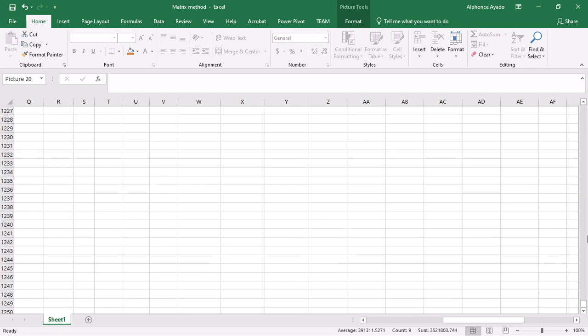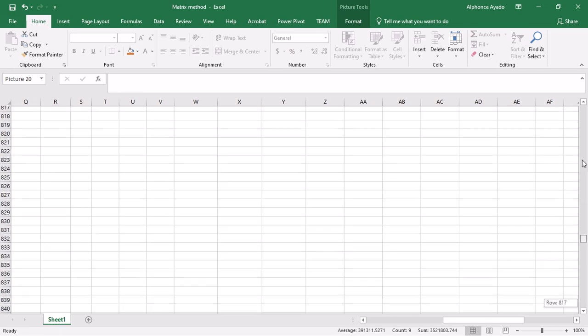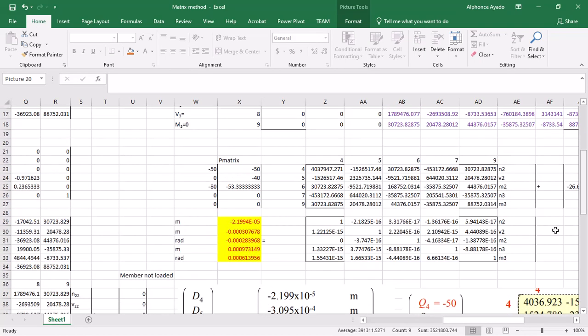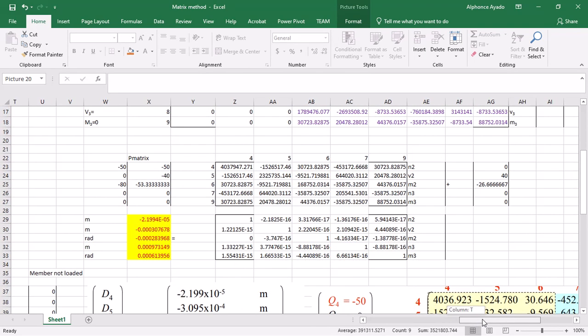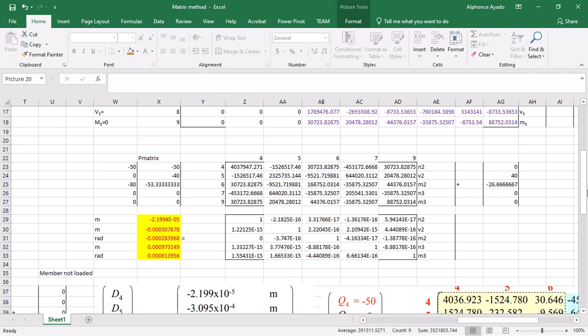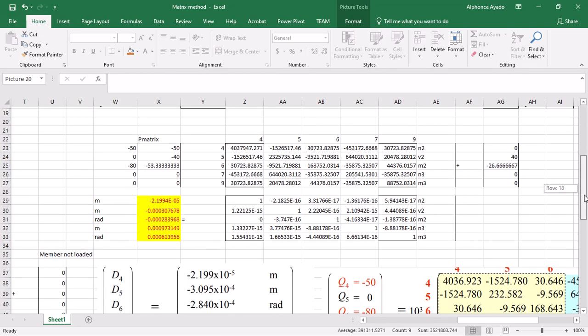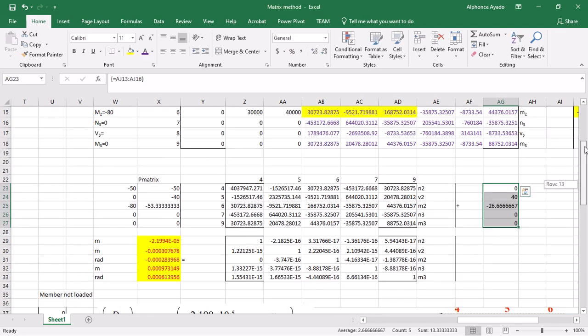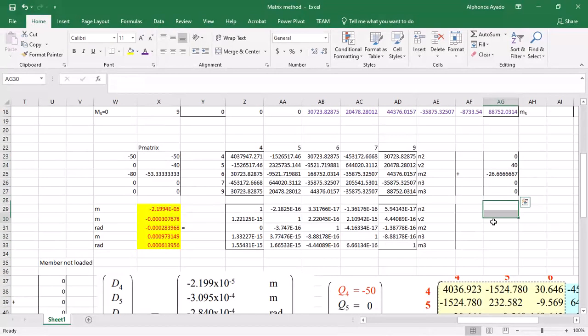And then once you isolate, of course with the fixed and corresponding fixed end elements, as you can see here, I will color them.